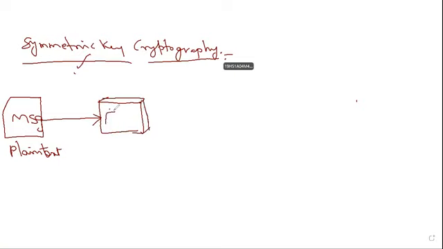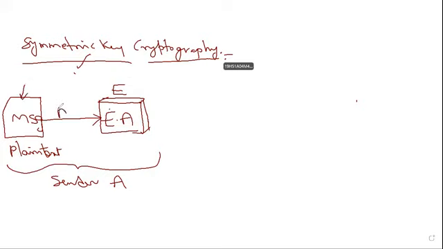Here the sender uses encryption algorithm EA, and we can call it E. This portion is the sender portion. Let us assume the sender is A. A originates this message. Let us assume this message is named M, or P, plain text.